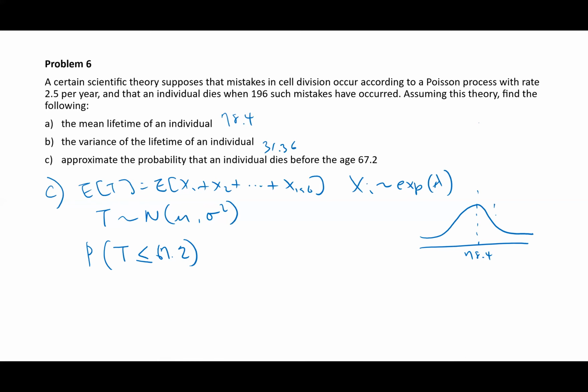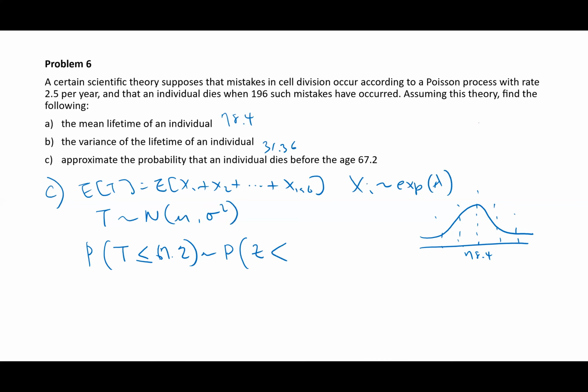Do we know the sigma? Yes, we got the variance, so you just take the square root to get the standard deviation and see what the spread looks like. So when we're trying to find the probability of the lifetime being under 67.2 years, it's like asking, what's the probability of my z value being less than something?